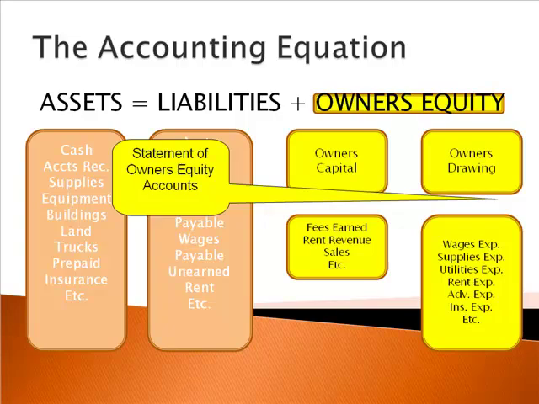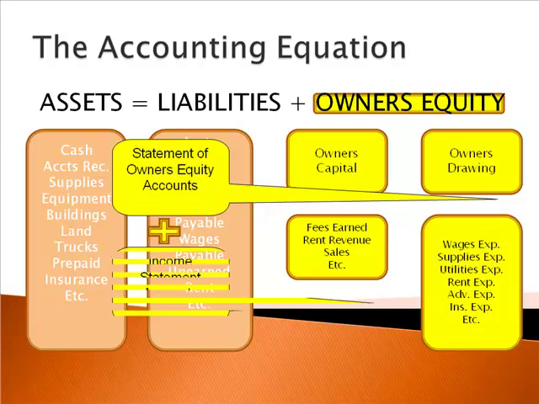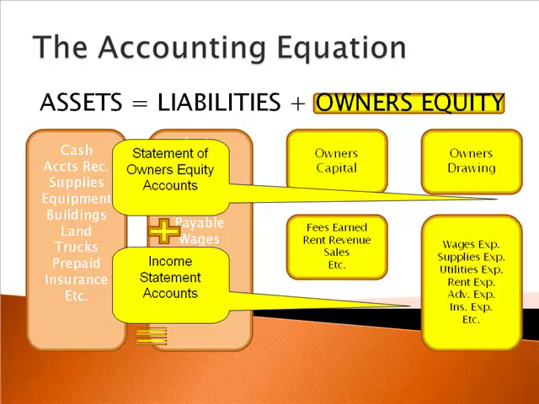They've already been summarized in the income statement, but these 4 accounts, as we learned in the last lecture, affect owner's equity, 2 of them positively, 2 of them negatively, and we see that through the statement of owner's equity accounts plus the income statement accounts, we're going to come up with our owner's equity at the end of the accounting period.